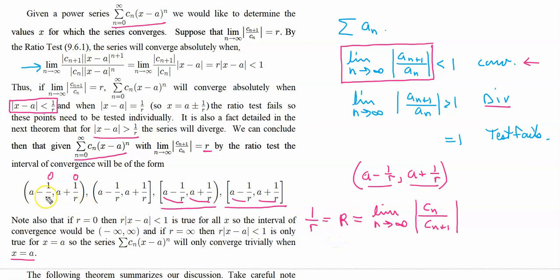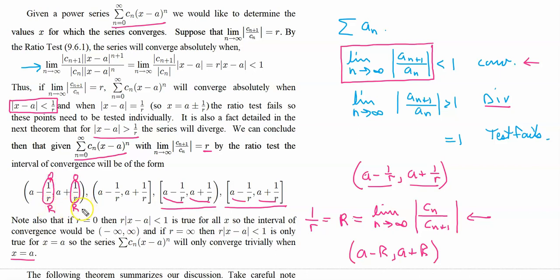And so then our interval of convergence would look like a minus capital R to a plus capital R. And then you'd either have open or close brackets on either side here. Okay, so just take note of that for the next theorem, that this is how we actually define the radius of convergence. And that makes sense because, after all, this quantity right here would then just be capital R, right?